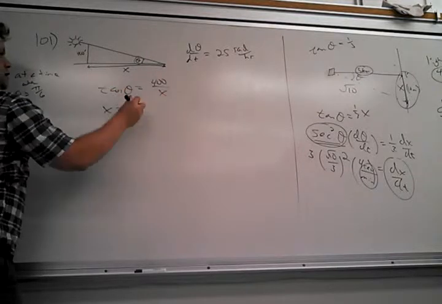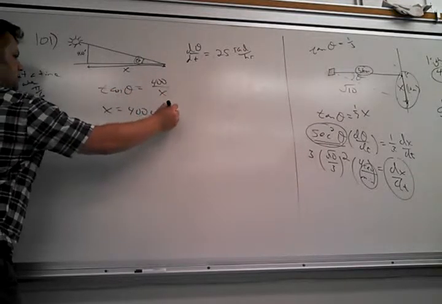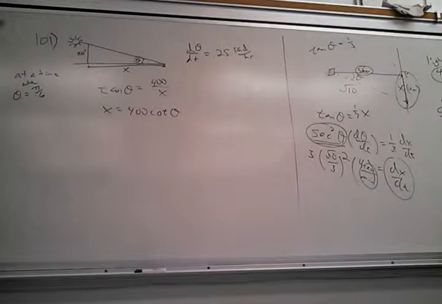Instead of dividing by tangent, I can just multiply by cotangent, or just reciprocate tangent, because we know cotangent's derivative. Tangent's derivative is secant squared, so cotangent's derivative is negative cosecant squared, because it's always negative for the cotangent, right? Is everybody with me so far?